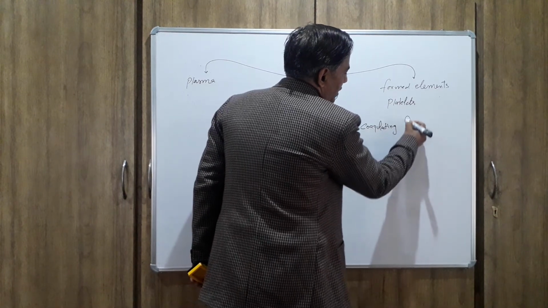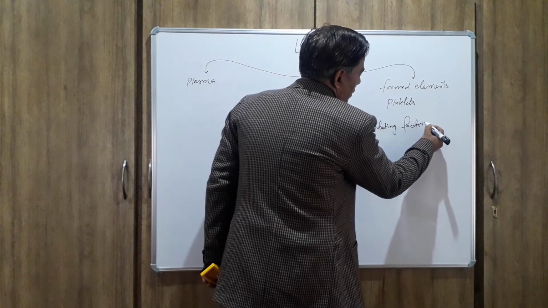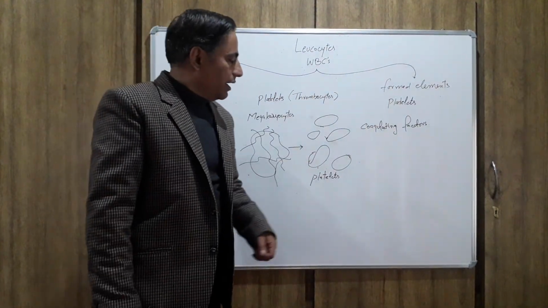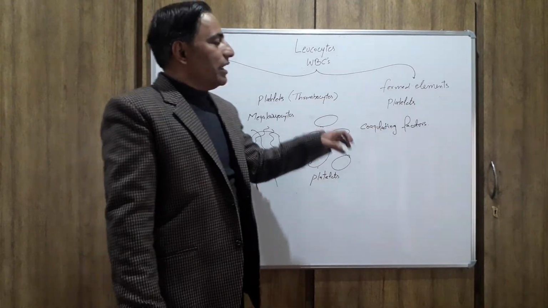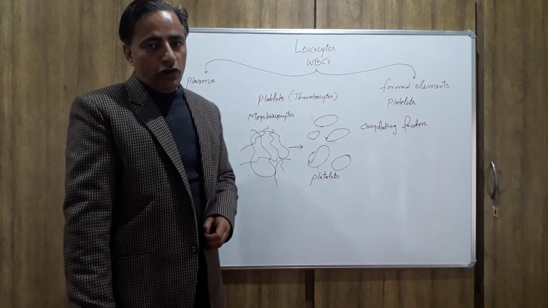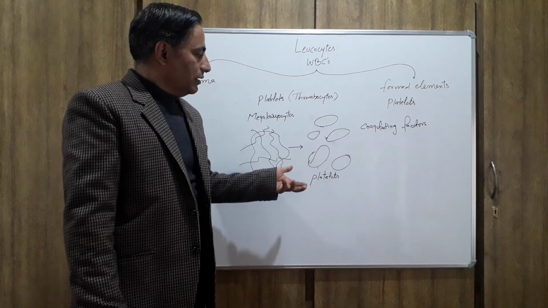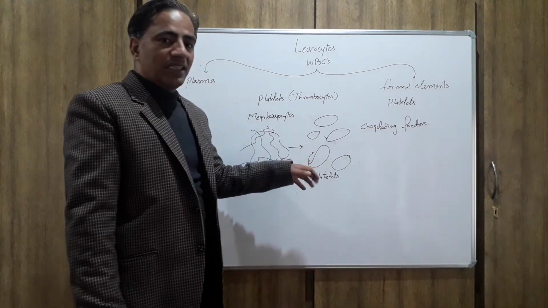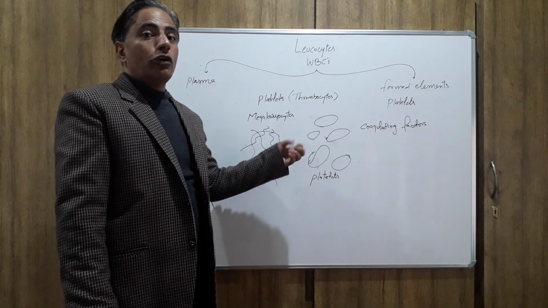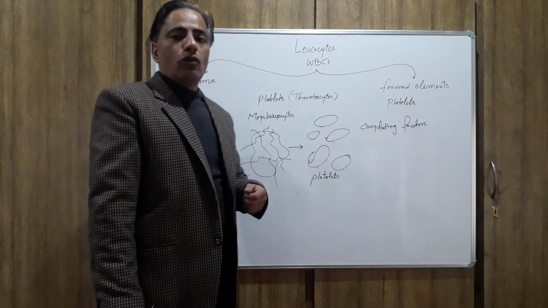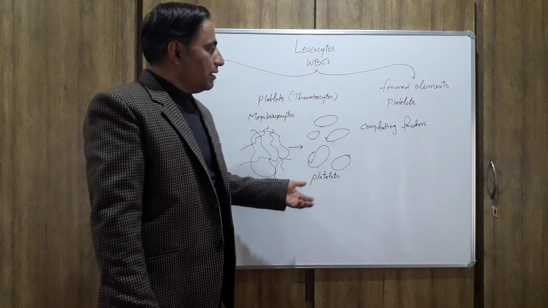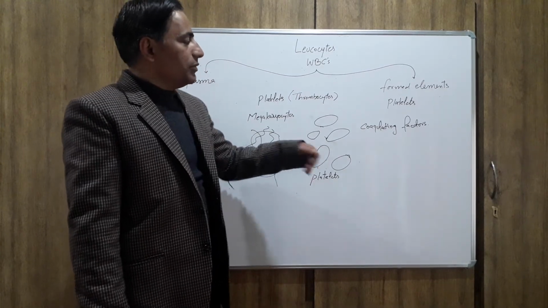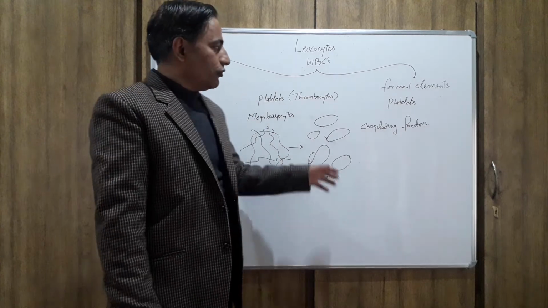These coagulating factors are essential for the clotting of the blood. The platelets, the thrombocytes, themselves play an important role in blood coagulation, and most of the substances they release also take part in the coagulation of the blood.